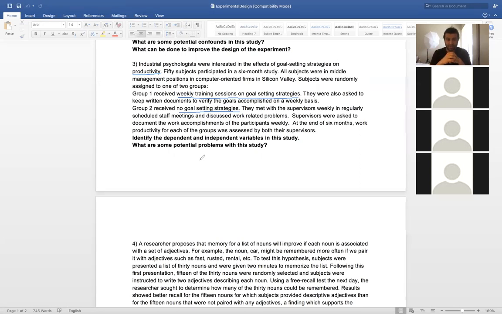So maybe having the same supervisor would help to have more accurate results, to see if the goal setting strategies really affect the productivity. So that's one of the potential problems with this study.